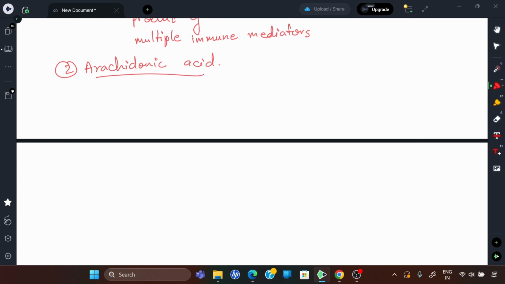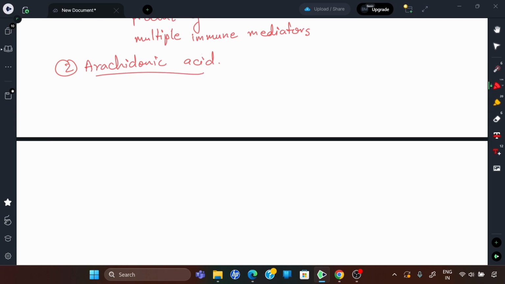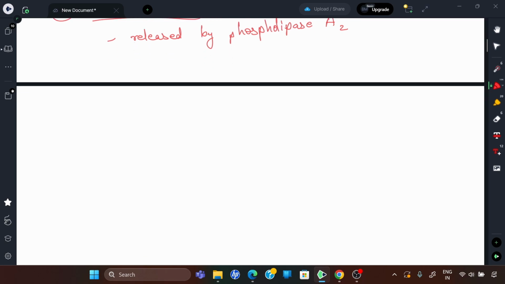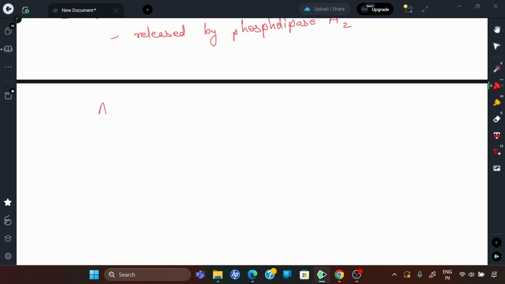So let's summarize them under a heading, arachidonic acid. Now arachidonic acid is released from the phospholipid cell membrane, and it is released with the help of phospholipase A2, right? And this arachidonic acid can undergo two pathways.